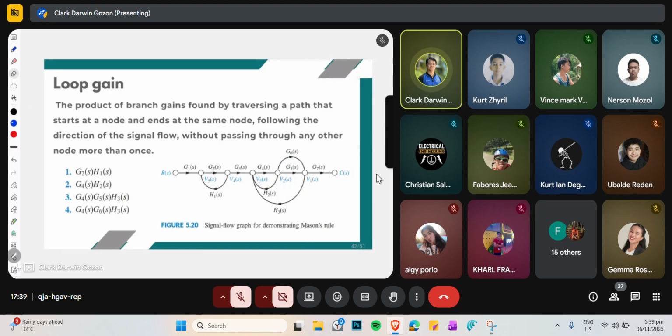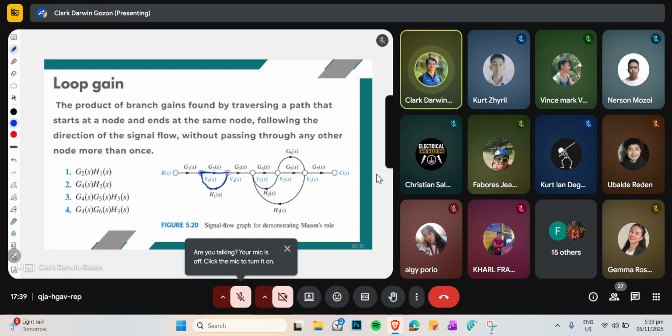So, again, ang loop gain is anything nga nag-loop, nag-forward tapos nibalik. Nagsugod ka diri, ni-forward ka dinhi tapos nibalik sa gisugdan. That's a loop gain.